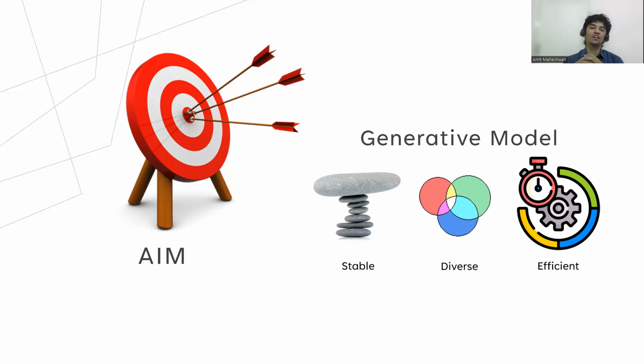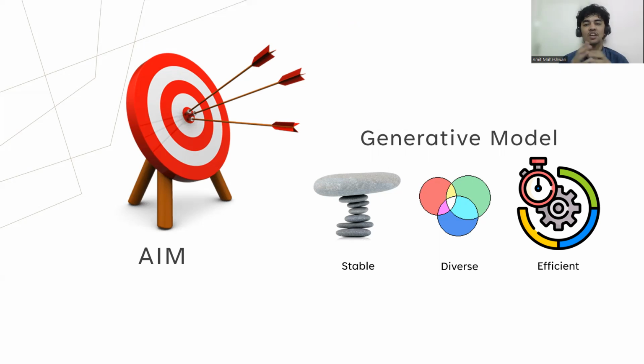Because the skin lesion images will not be consistent, as we have already seen in the previous slides, and the diversity in the images will help make the classification model robust enough to perform well on upcoming or unseen datasets, right? And efficient and stable go as their names.